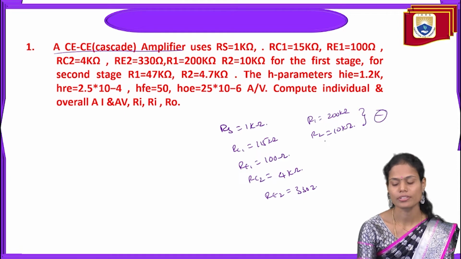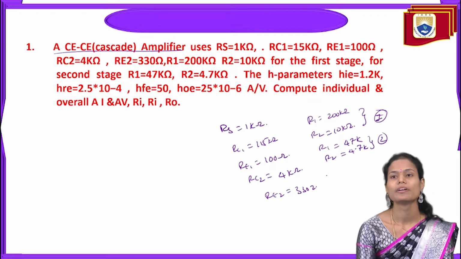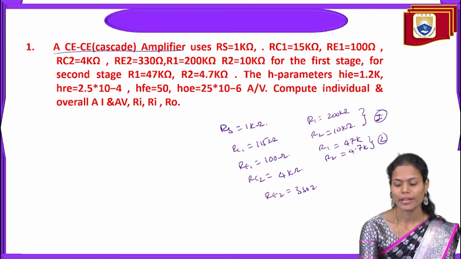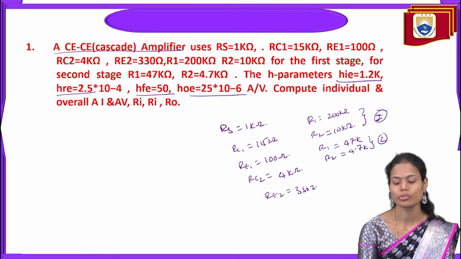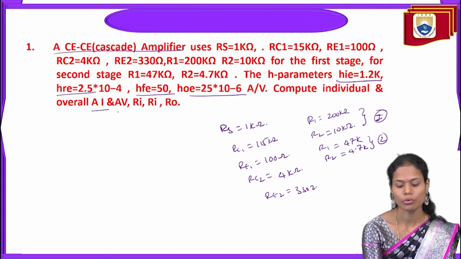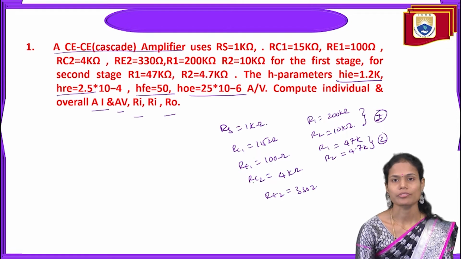Similarly for the second stage, R1 is 47 kilo ohms and R2 is 4.7 kilo ohms. The given H parameters, input impedance, reverse voltage gain, forward current gain and output impedance, are common for both the stages. Compute the individual current gain, voltage gain, input resistance, output resistance as well as overall parameters.